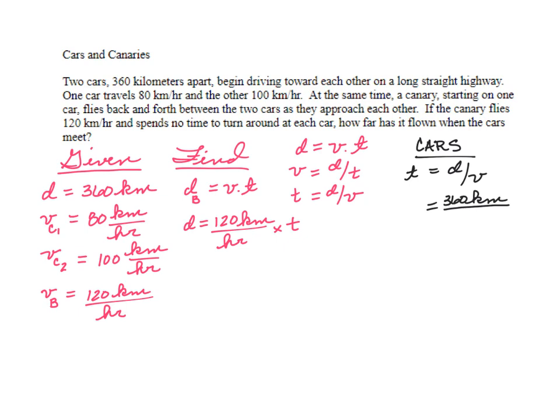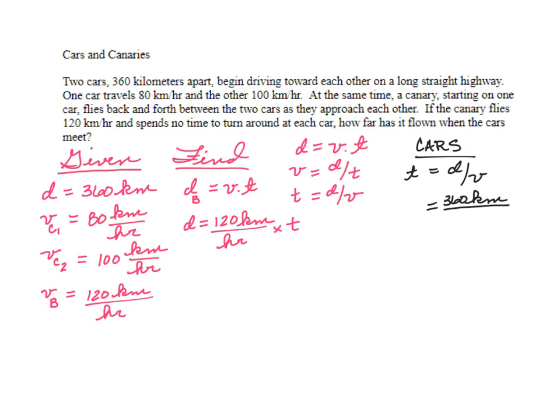Well, I have to think about the fact that these cars are driving towards each other. And one of the cars is going 80 kilometers an hour and the other one's going 100 kilometers an hour. But they're driving towards each other, which means for every hour that passes, they get 180 kilometers closer to each other. Say one's going east, one's going west.